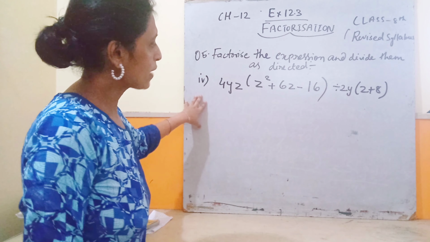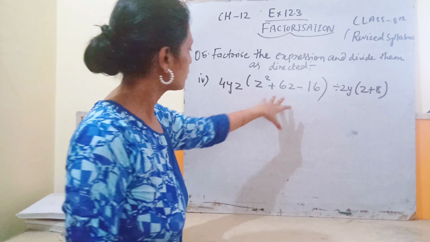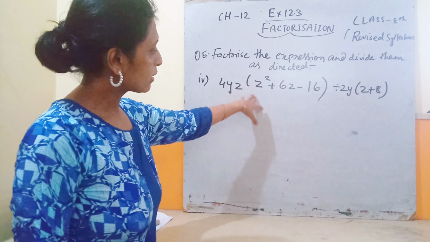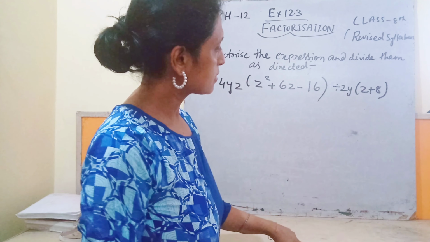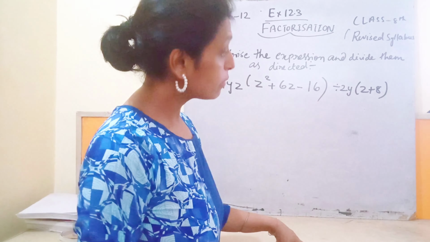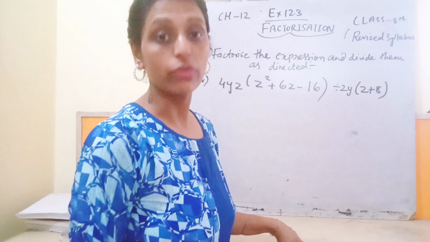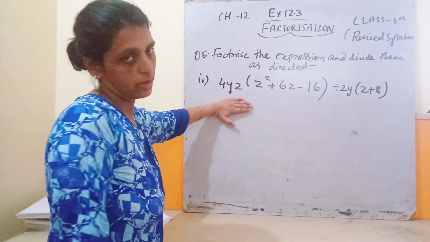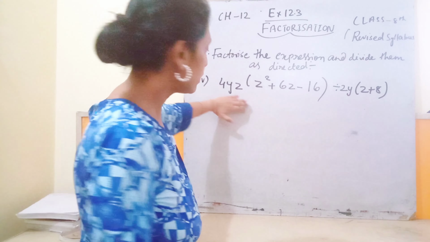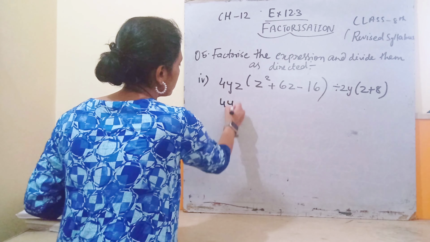Coming to the fourth part, we have to first factorize this expression, 4yz in bracket z square plus 6z minus 16, and it is divided by 2yz plus 8. So first we have to factorize this expression. Let's see how to do it. So it is 4yz.